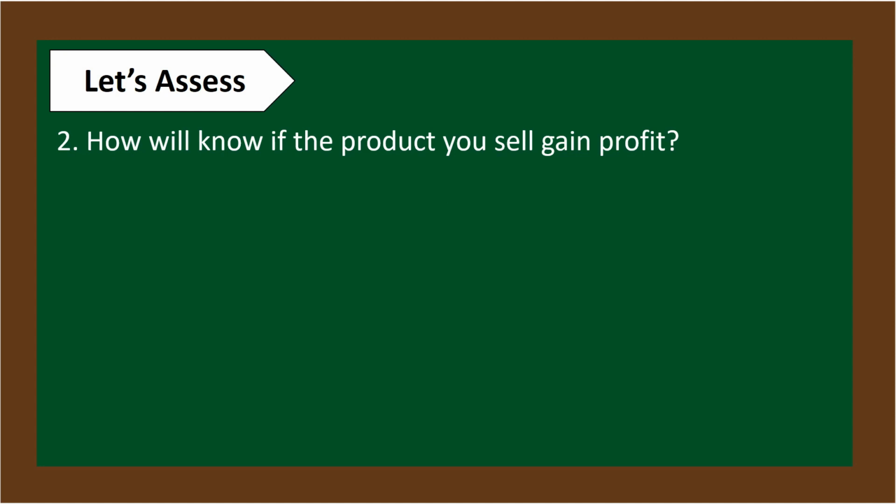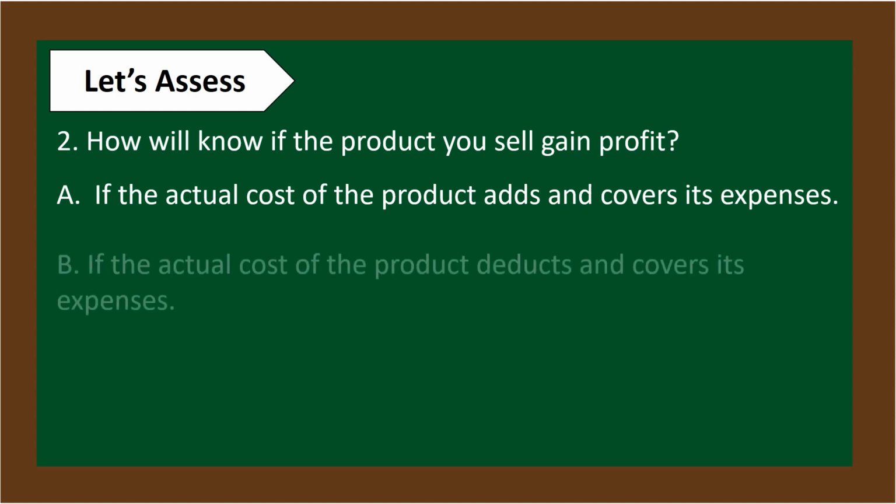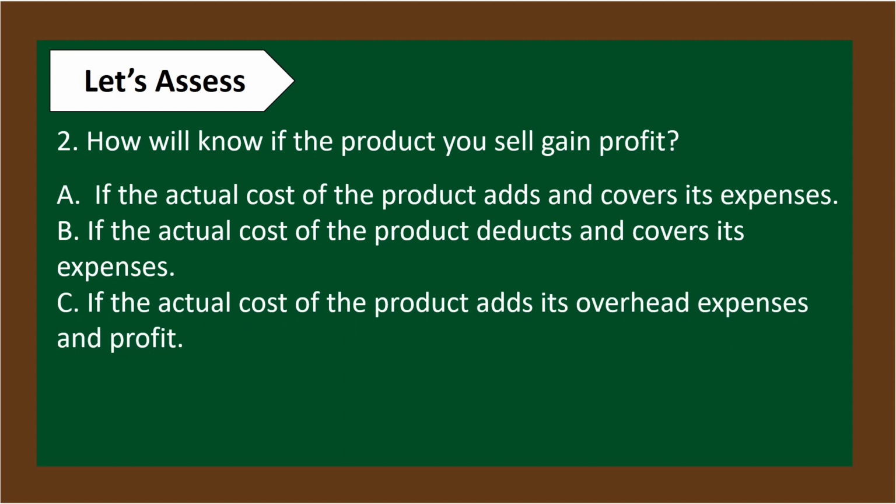Number 2. How will you know if the product you sell gains profit? Letter A, if the actual cost of the product adds and covers its expenses. Letter B, if the actual cost of the product deducts and covers its expenses. Letter C, if the actual cost of the product adds its overhead expenses and profit.